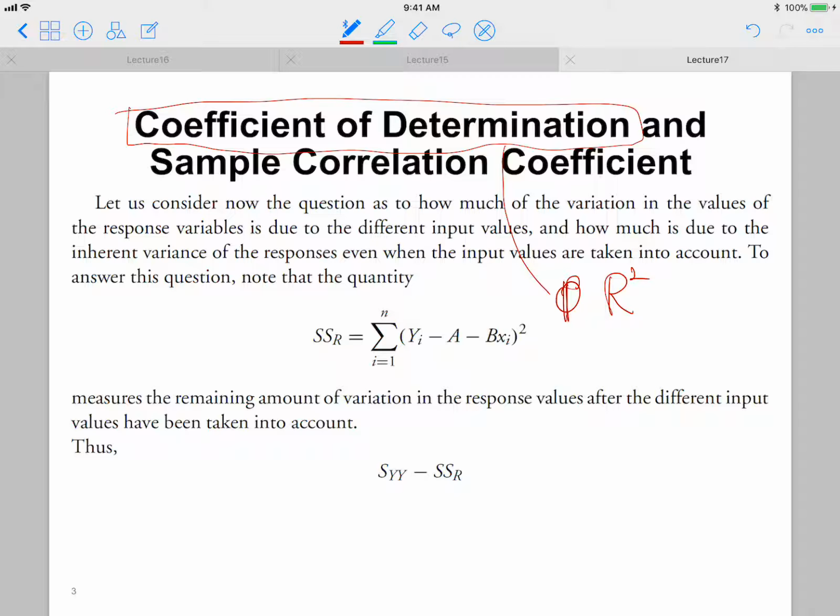Anyways, so this is our sum of squares of our residual, and then we consider SYY, the sample variance of y. So in this case, it's just the sum of yi minus y bar, squared, right?